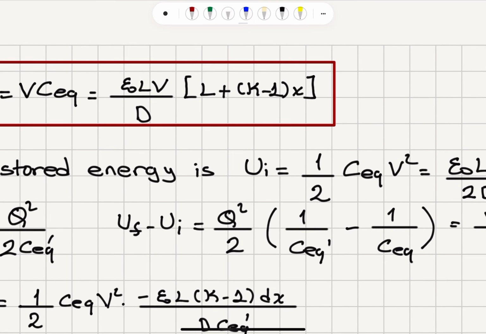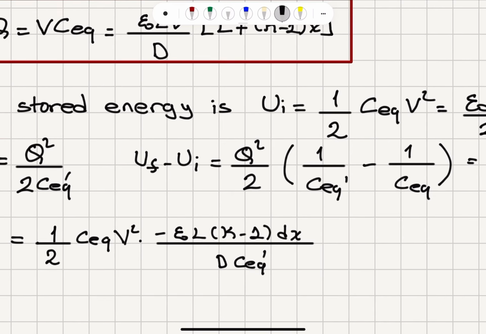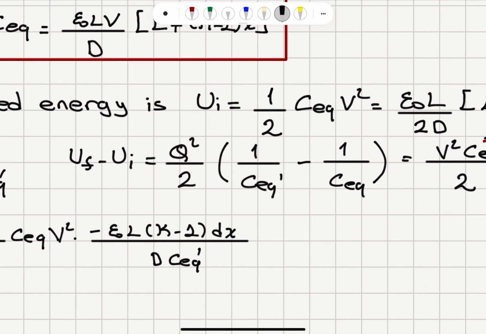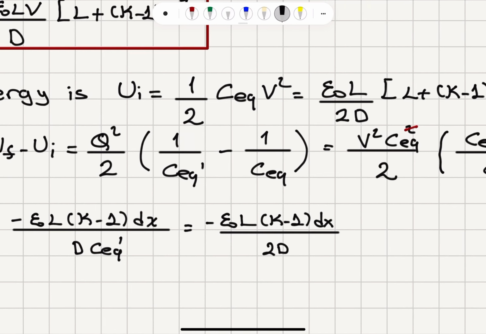And what is C equivalent prime? It is the same thing. For x, I substitute x plus dx. All right, so that gives me minus epsilon 0 L (kappa minus 1) dx divided by 2d, here I have C equivalent divided by C equivalent prime, times V squared.